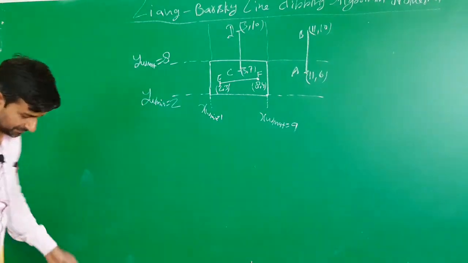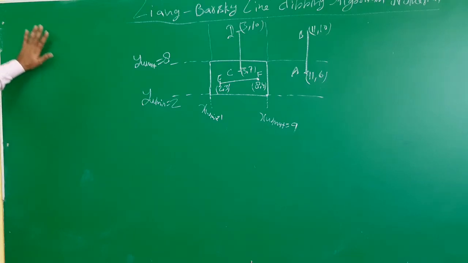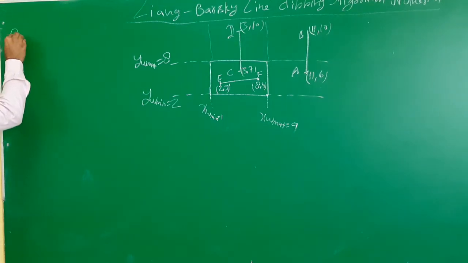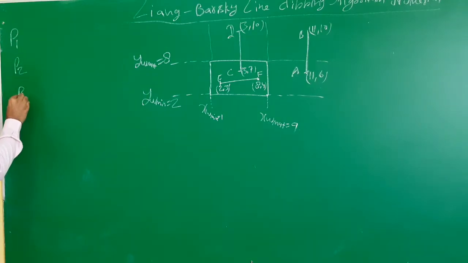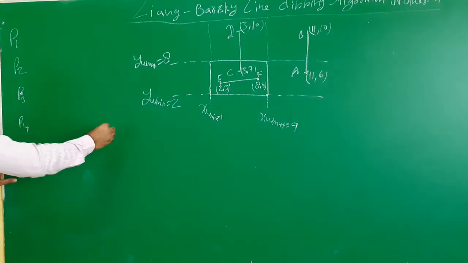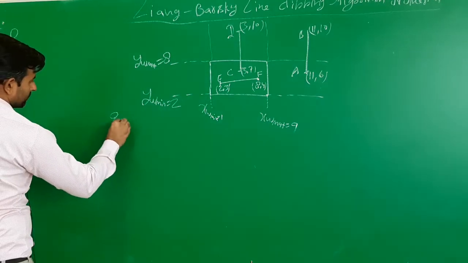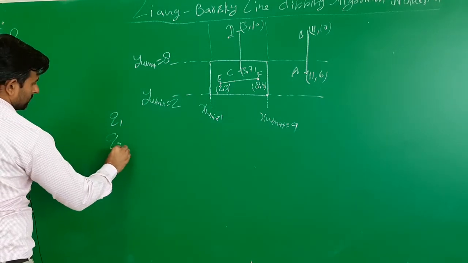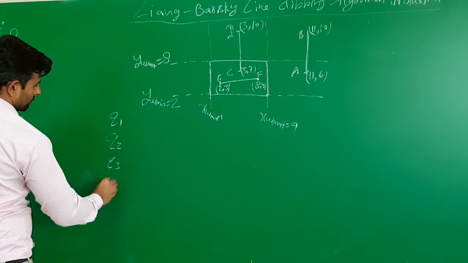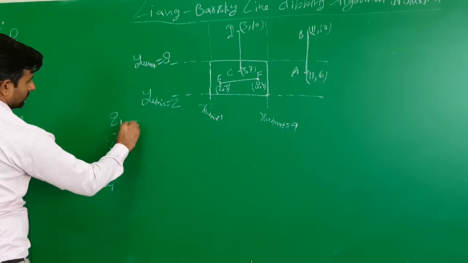We have to find P1, P2, P3, P4 and Q1, Q2, Q3, Q4.